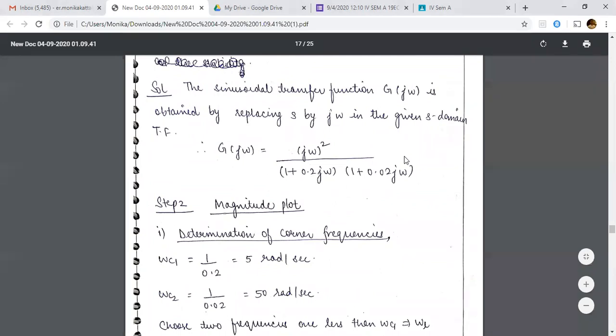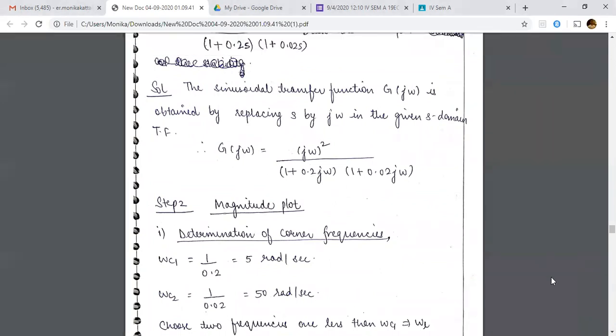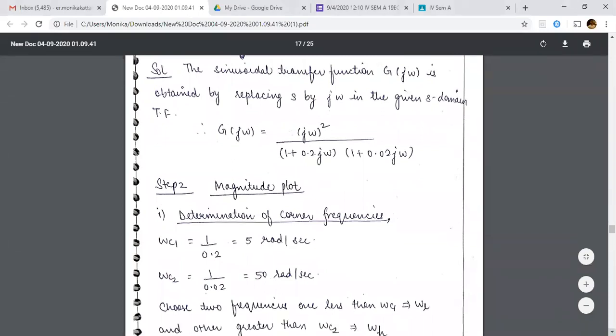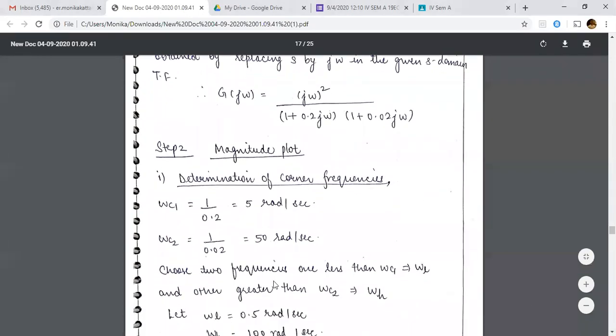And once you are done with finding corner frequencies, now you have to choose two frequencies. How will you choose two frequencies? You have to choose one frequency which is less than omega C1. Let that frequency be omega L, and the other frequency should be greater than omega C2. Let that frequency be omega H. Now listen to me carefully.